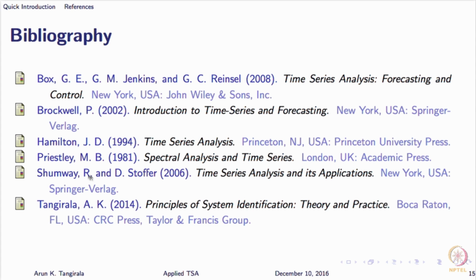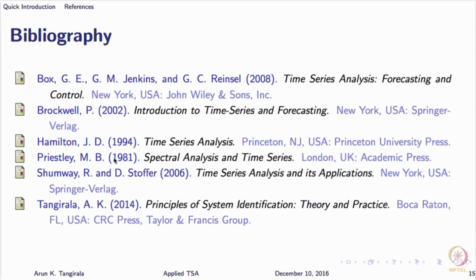And as far as the books that we follow are concerned, I cannot recommend a particular book, but I have a list of references for you, and among these I will highlight 2 books to begin with. One is a book by Shumway and Stoffer, which assumes that you have some background in statistics. It assumes, for example, you are good in probability theory and have some idea of what is a density function, moments and so on, and then builds upon that.